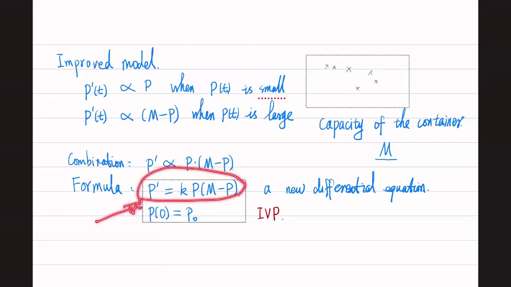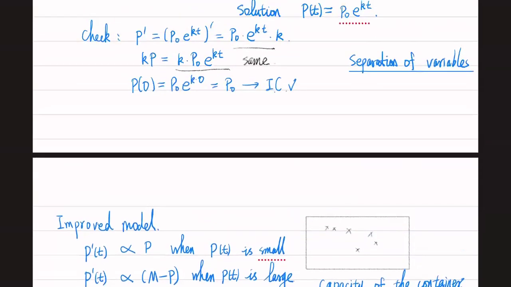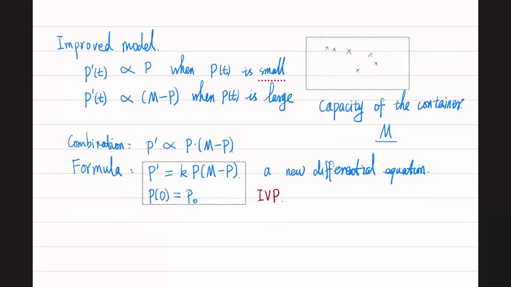Sophia, what method do we have? We learned a new method, the separation of variables. Let's try to separate the two variables. We want to put all P on one side, t on the other side.